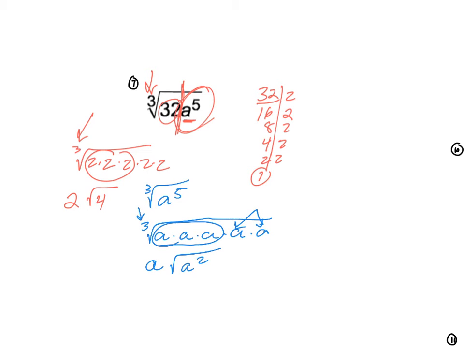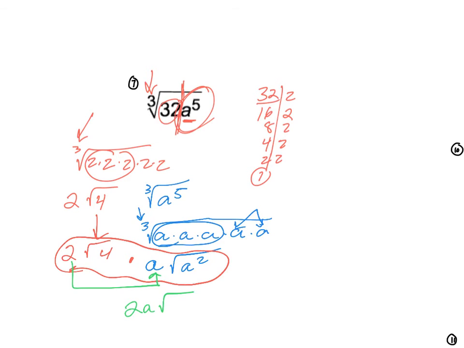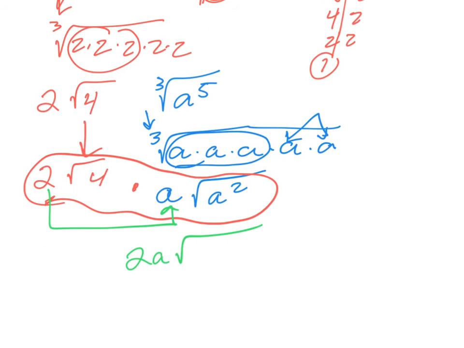And from this part, we have 2 square root of 4, and we're just going to put this entire thing together. The 2 times the a is 2a, and inside the root we have 4a squared.